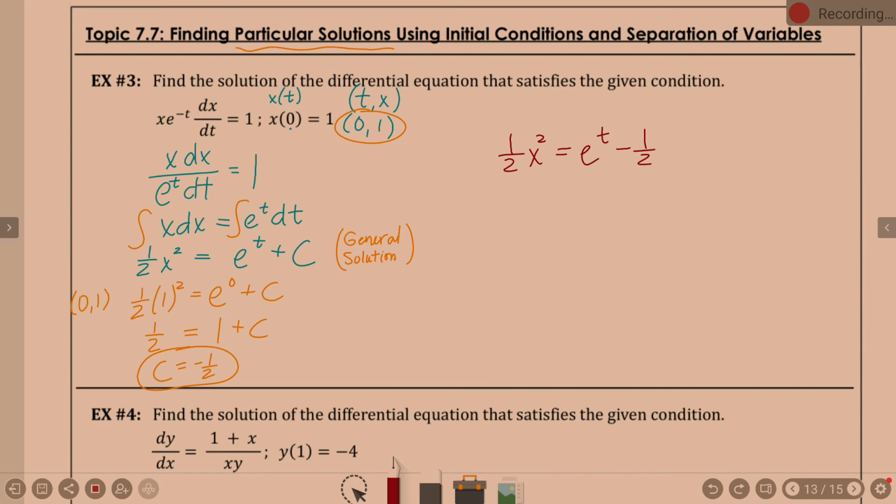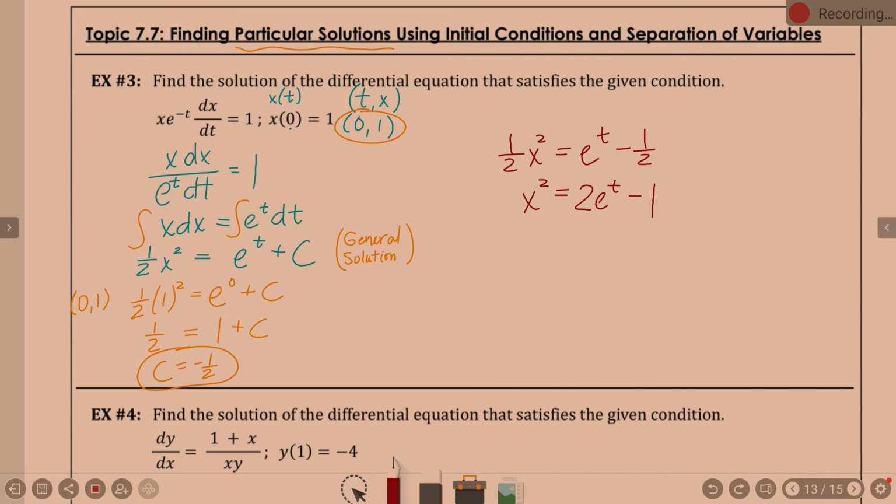I would probably at least get rid of the fractions there. If I multiply by 2, we have x squared equals 2e to the t minus 1. And that's the particular solution I have down.